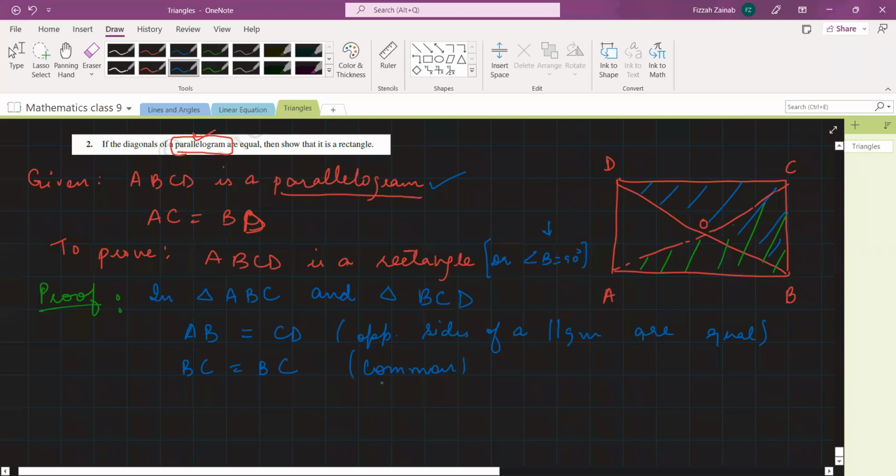Now, what else do I have here? In the question, it is already given that the diagonals are equal, right? So this side AC is equal to BD, sorry, it is given. So I have all the three sides equal. So by SSS congruence, I can say triangle ABC is congruent to triangle BCD. Is that clear?